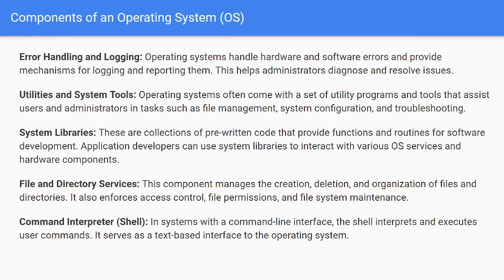So we have utility and system tools. Operating systems also often come with a set of utility tools that assist users and administrators in tasks such as power management, system configuration, and troubleshooting. These are things that come inbuilt that enable the administrator to perform some specific activities.